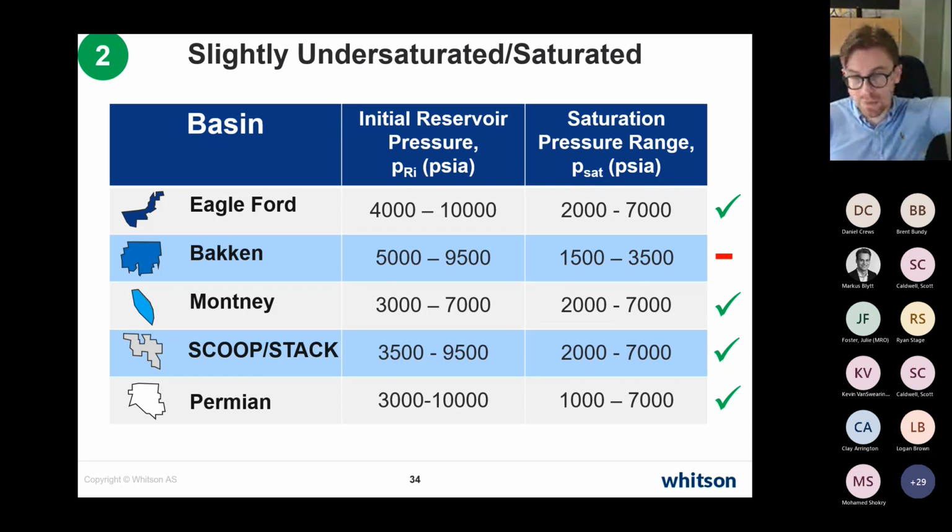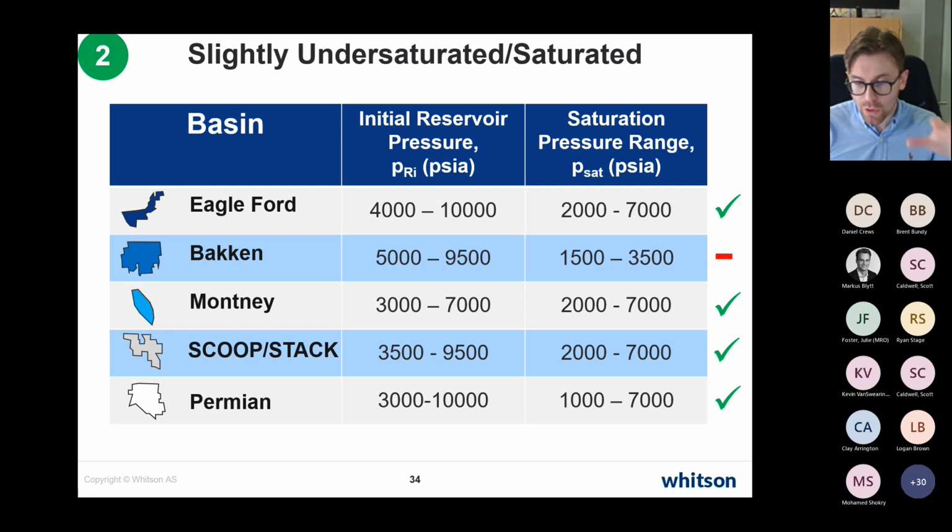So GORs shoot up immediately, and you're dealing with a very complex three-phase problem from the get-go. That is very interesting in a lot of these basins, and it also makes it very complicated, particularly because the bottom hole pressure changes so fast.